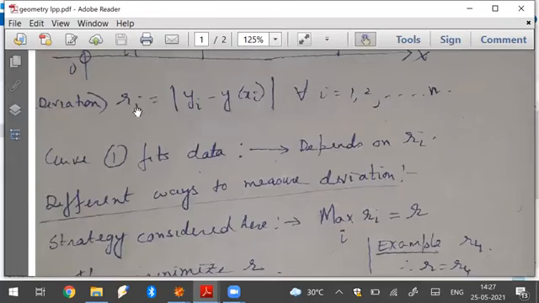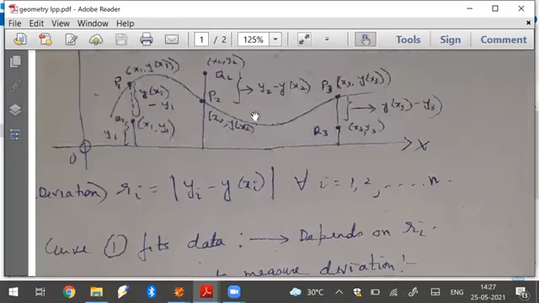So we consider the residuals or errors, and find the maximum of all those. Suppose there are 4 errors, 0.2, 0.3, 0.4, 0.5. So 0.5 is the maximum. Suppose I consider one curve, say y = g1(x), for which the maximum error is 0.5.